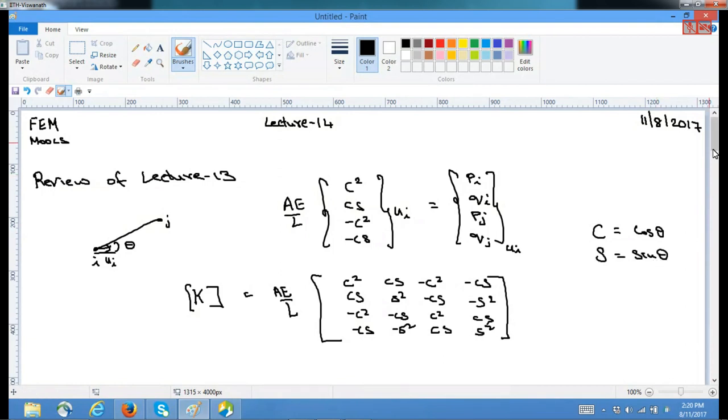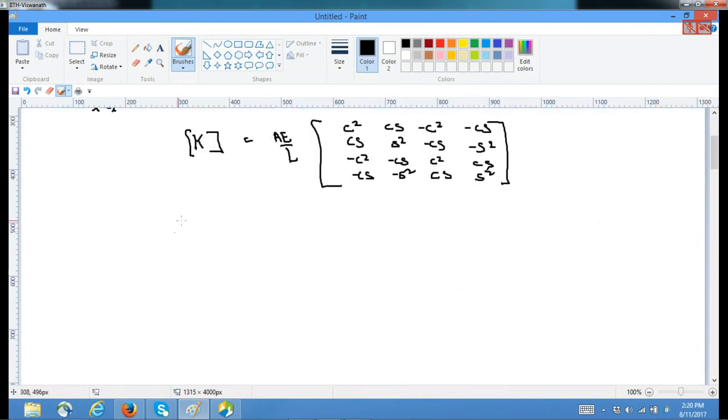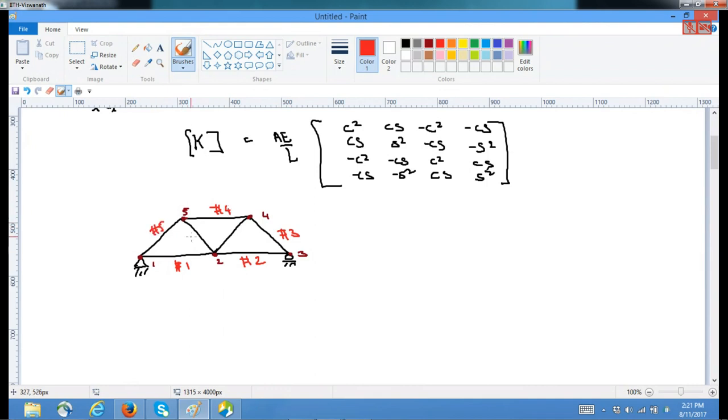Okay, based on this, we have started solving a generic problem. For example, we tried to solve this problem, and here a roller support. Let me mark node 1, node 2, node 3, node 4, node 5, and this is element 1, element 2, element 3, element 4, element 5, element 6, and element 7.